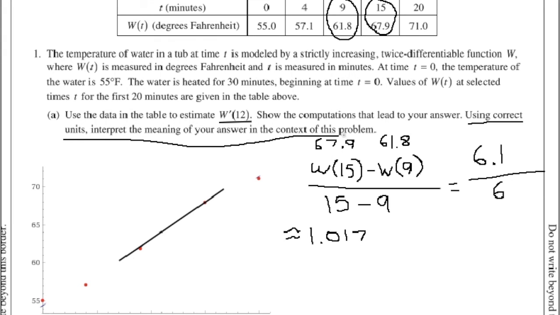We also need to use correct units and interpret the meaning of your answer in the context of this problem. What we just found was the rate of change of temperature, that's our f of x value, with respect to time in minutes, which is our x value. So it's going to be 1.017 degrees Fahrenheit. It's going to be an increase, so it's positive.